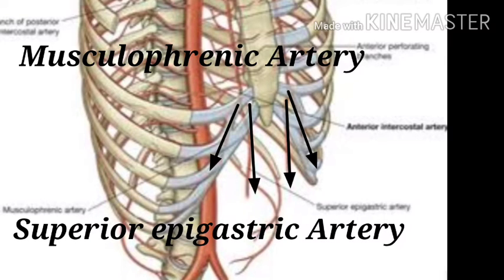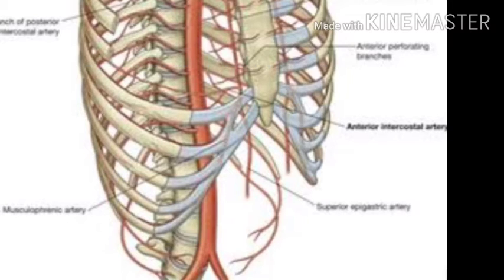The superior epigastric artery continues inferiorly and supplies the anterior abdominal wall, and the musculophrenic artery, which passes along the costal margin, goes through the diaphragm and ends near the intercostal space.